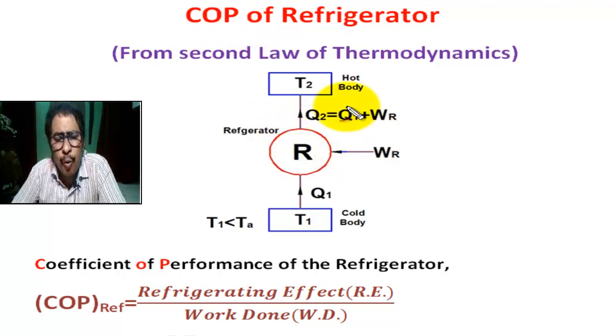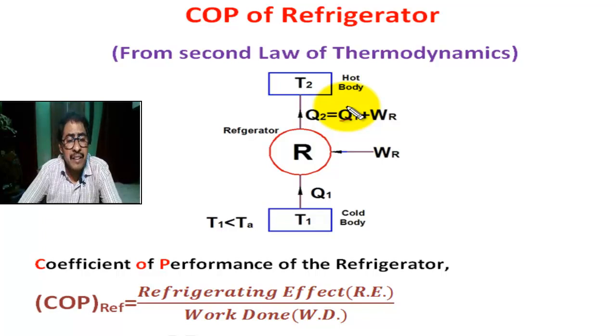Now, what is a refrigerator? A refrigerator is a device which removes heat from a space and maintains its temperature below the ambient temperature.